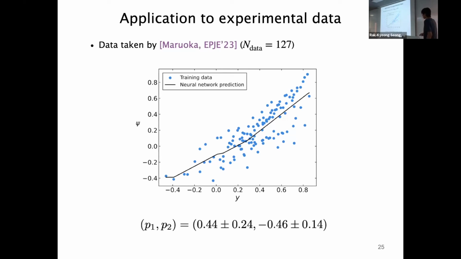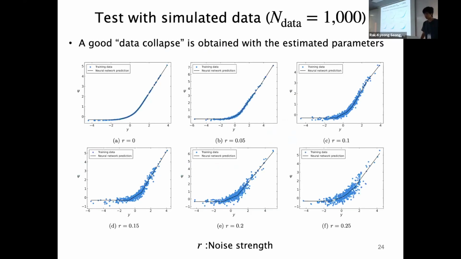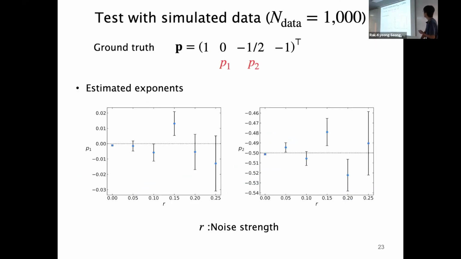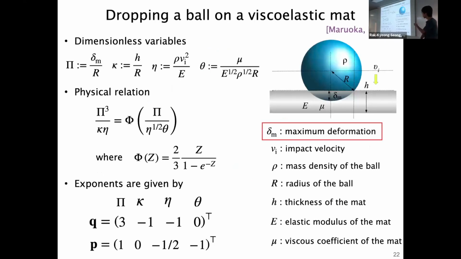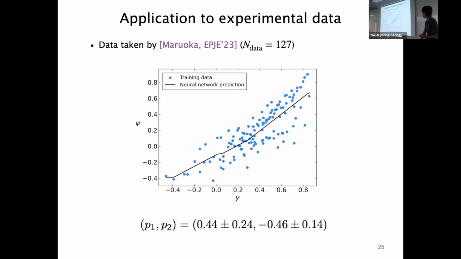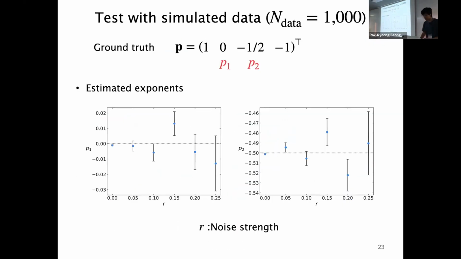If you look at these values, for example, this part looks pretty close to -1/2, which corresponds to this particular model. And although the error bar is still large, the P1 is 0.44, plus minus some error, which seems a bit away from the 0 predicted by the model.